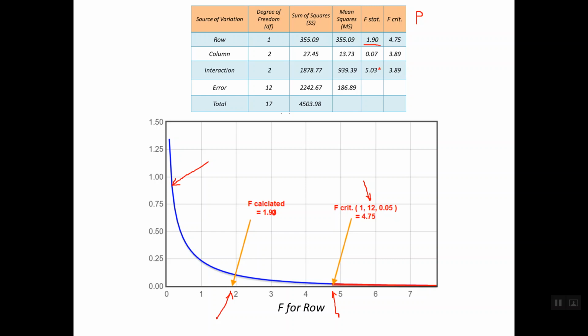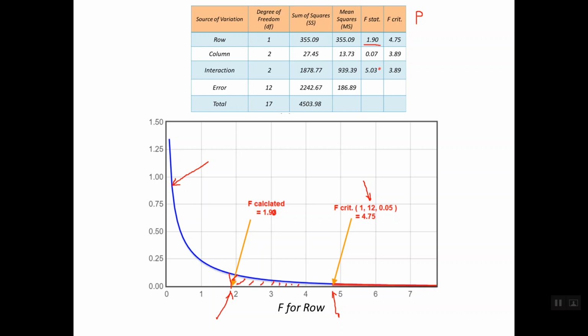So if you check the probability for this value, the probability for F equal to 1.90 is simply, in this graph, the area to the right of this value.